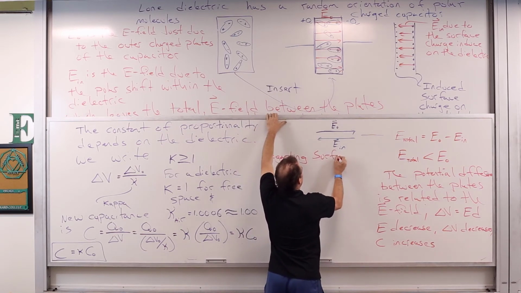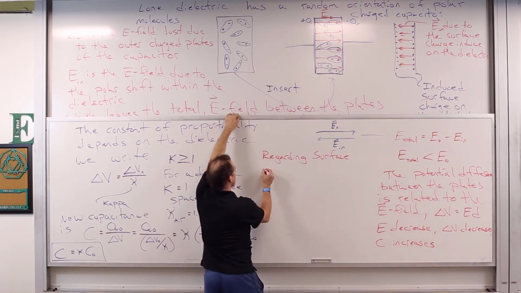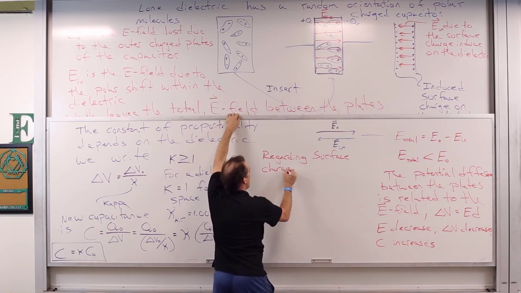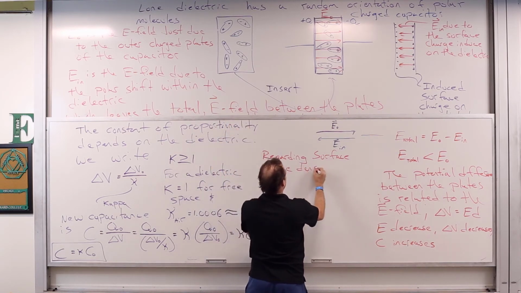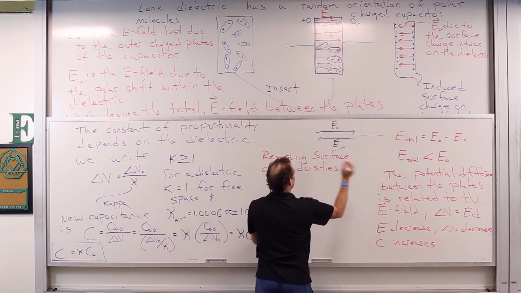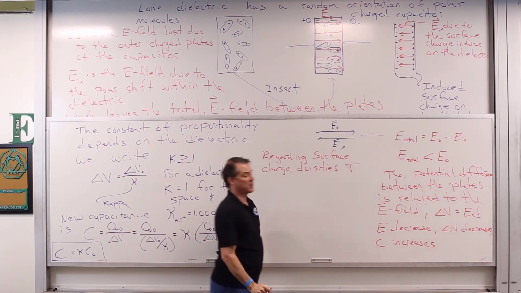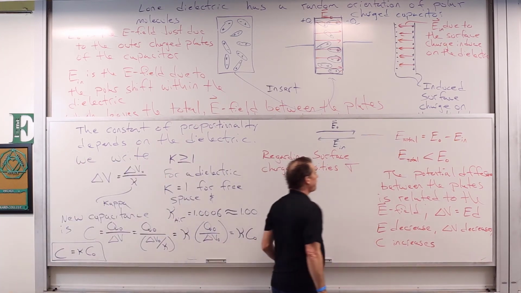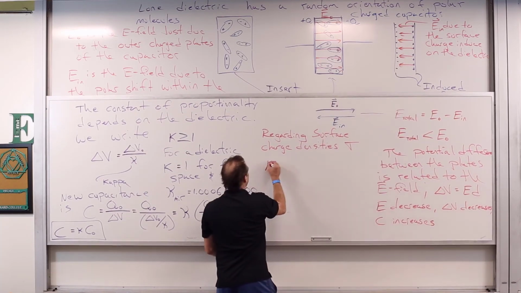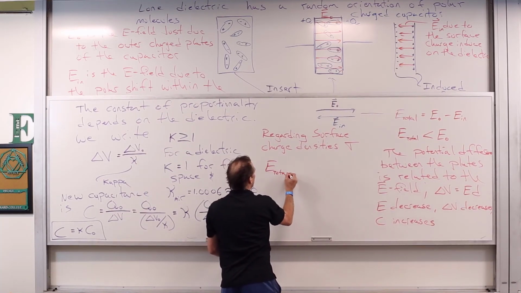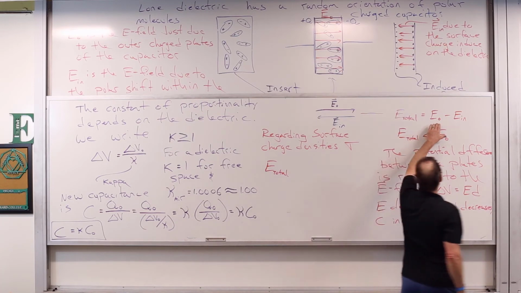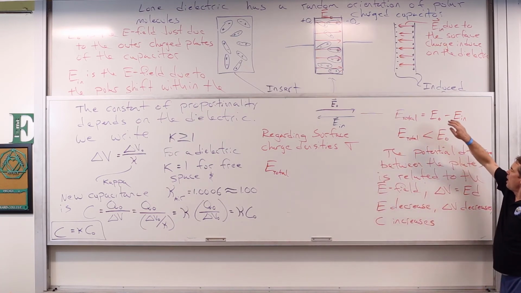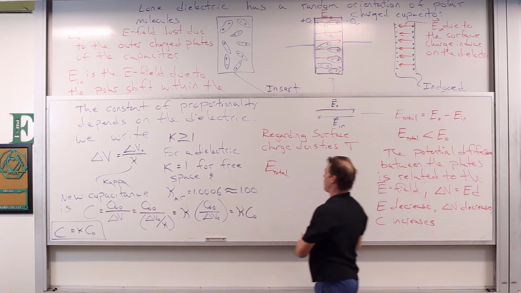Regarding surface charge densities, to get sigma, charge per unit area, well, got the E total, again, is the electric field due to just the outer plates minus the strength of the electric field due to the induced surface charge density.